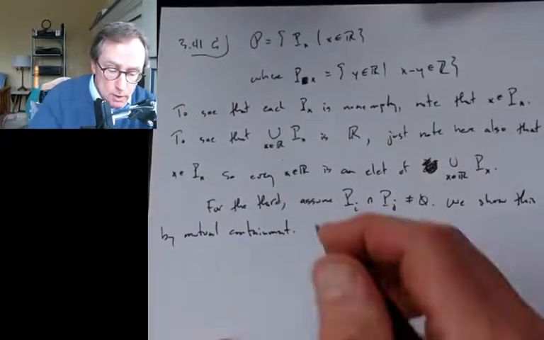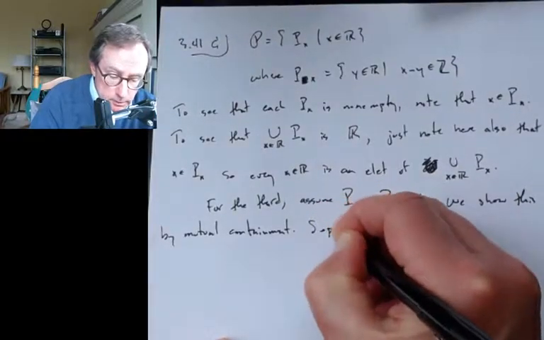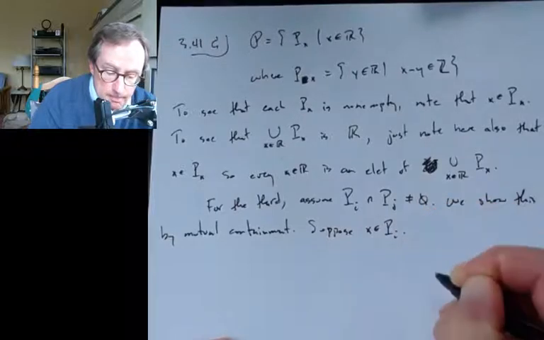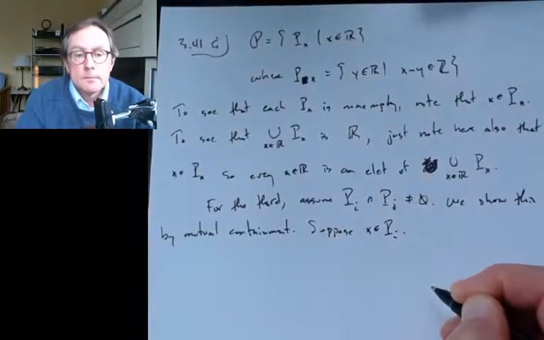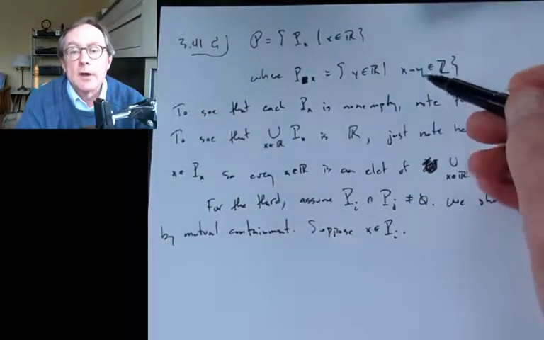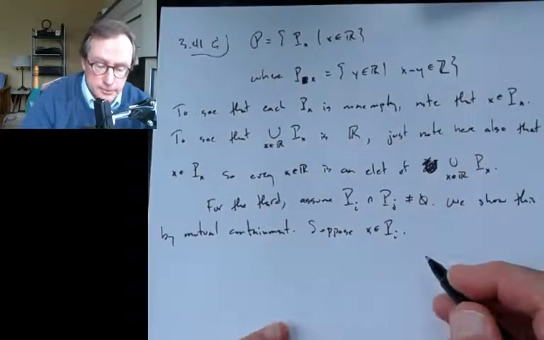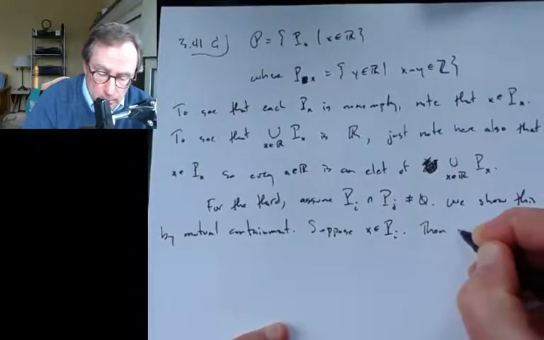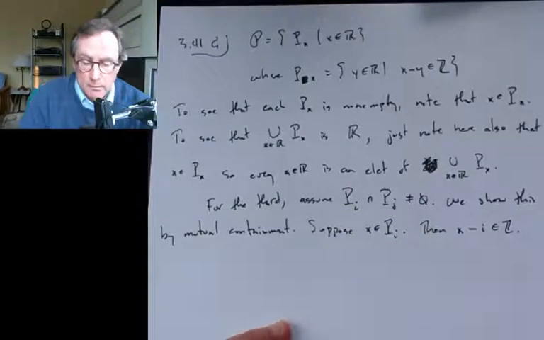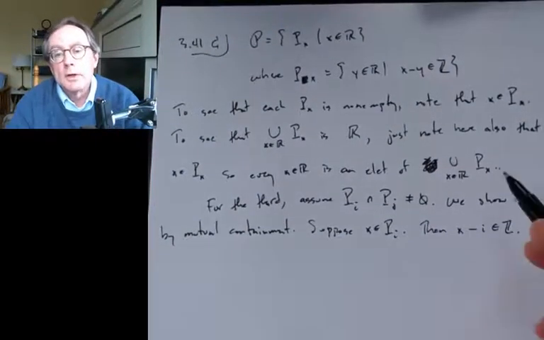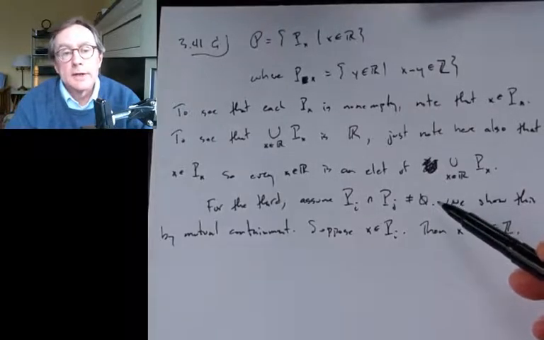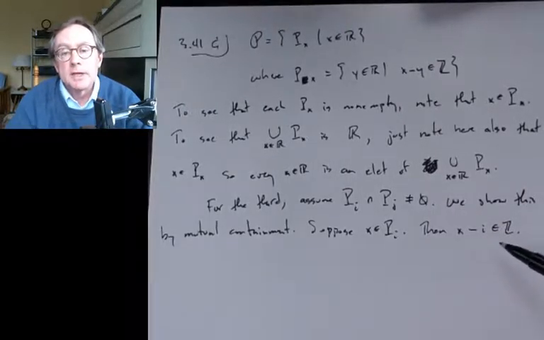Okay, so suppose x is an element of pi. Then by definition of pi, that means that x minus i is an integer. So I know that x minus i is an integer, and then the only other thing I need is something that gets me from pi to pj.